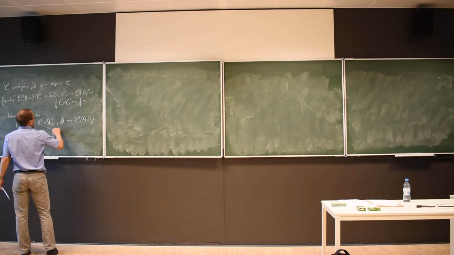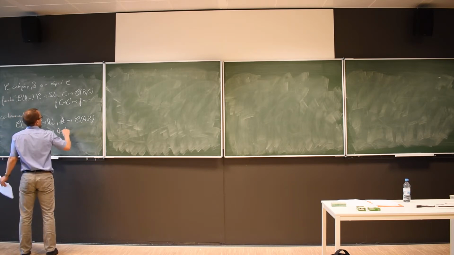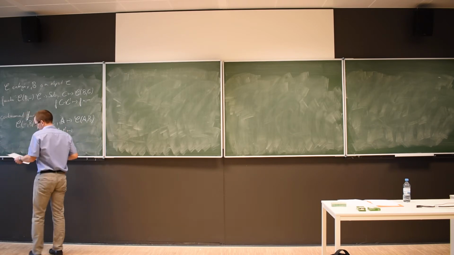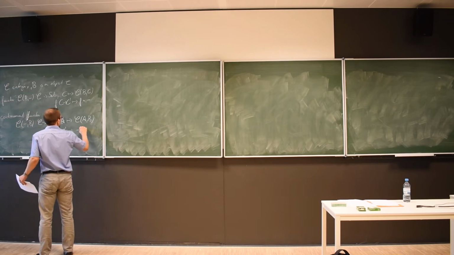Well, if we have a morphism g from A to A prime in the category C, then we send it to the pre-composition with g.